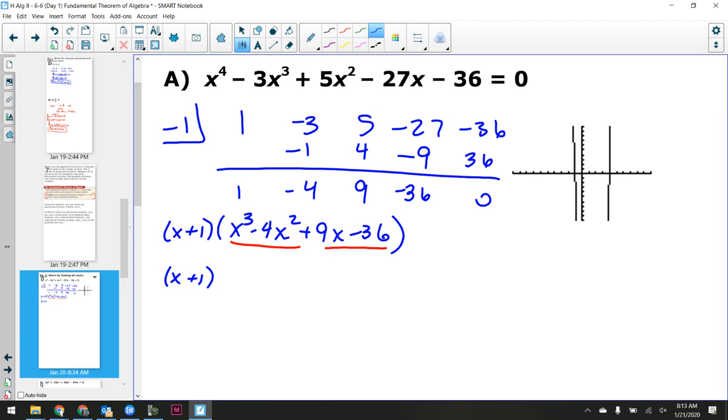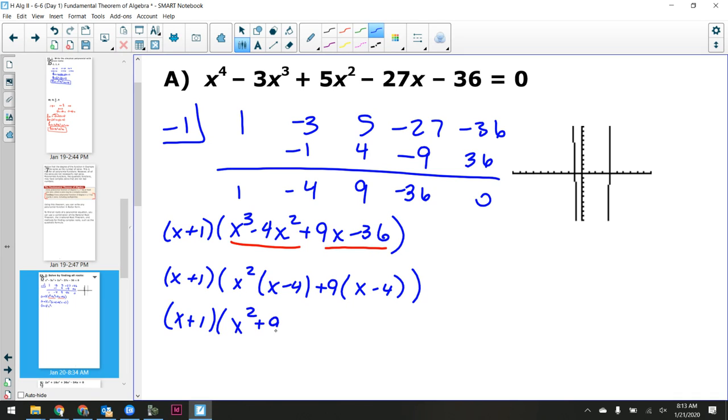Of course. But watch what's going to happen. I can factor this to get an x squared, to get an x minus 4, and then a 9 to get an x minus 4. So that means I've got an x plus 1, x squared plus 9, x minus 4, which I see the x minus 4 now. That root is going to show me the x equals 4.